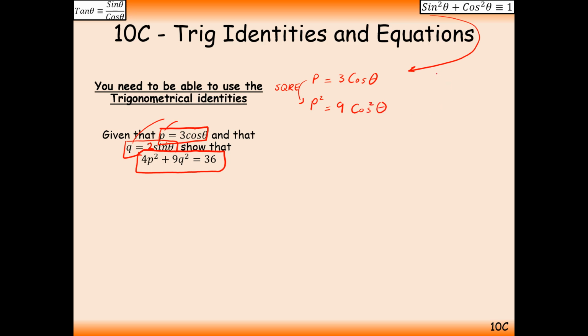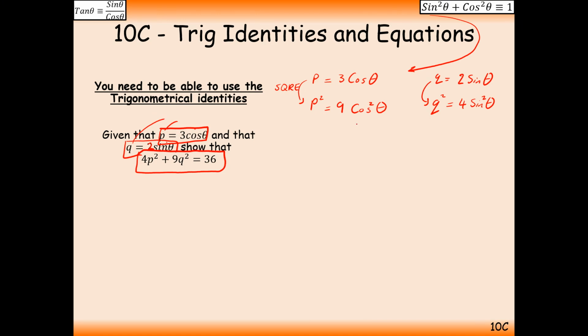And the second one, q equals 2 sine theta, I'm squaring both sides again. I'm going to get q squared equals 4 lots of sine squared theta. And if I add p and q together, what do I get?